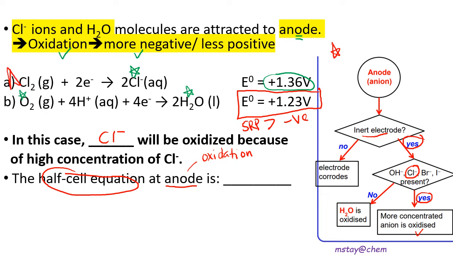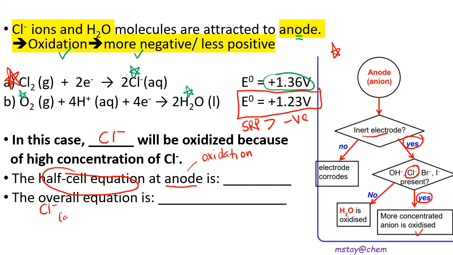So now this one is the one that we choose. When we write the half equation, we write 2Cl-(aq) producing Cl2(g) and 2e-, to show that the oxidation process is happening.